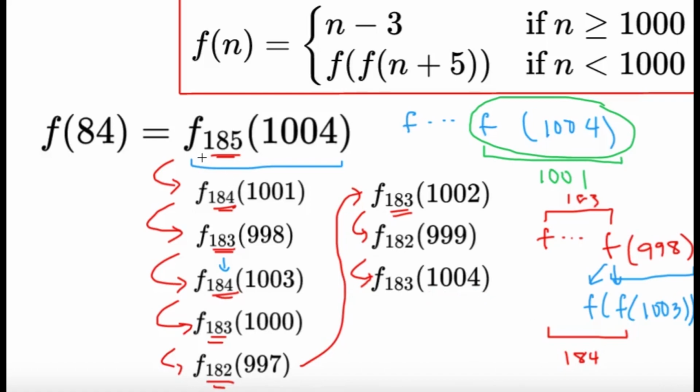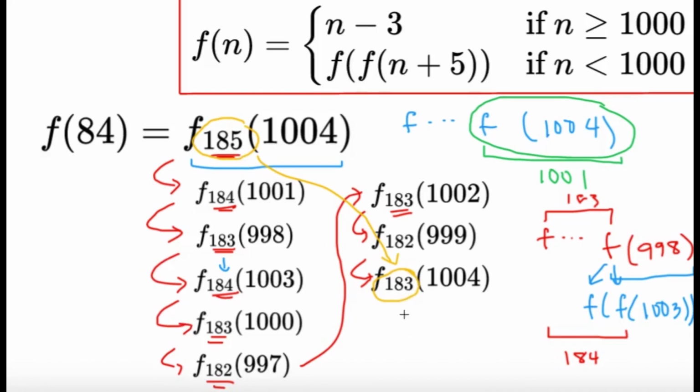So F sub 185 of 1004 is the same as F sub 183 of 1004. If I do the same process again, I'll eventually end up with F sub something of 1004. Let's take a look at the subscript: 185 drops down to 183. So if I do the same cycle of evaluating each of the functions from the innermost, the subscript ends up 2 less.